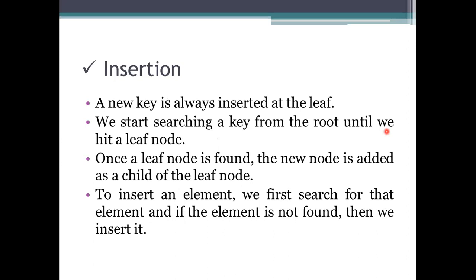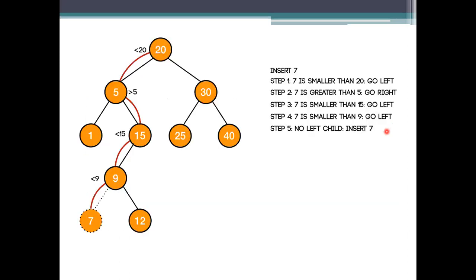And coming to the next one, that is insertion. In insertion, if you want to insert a new node, it should be inserted at the leaf node, and we need to satisfy the properties of the representation. We can easily add it based on the root node. We need to see whether it is equal to, greater than, or less than.